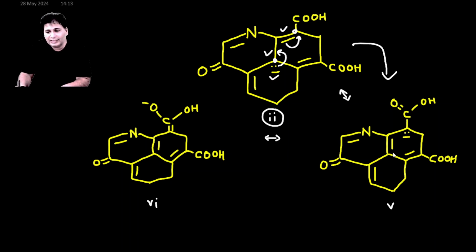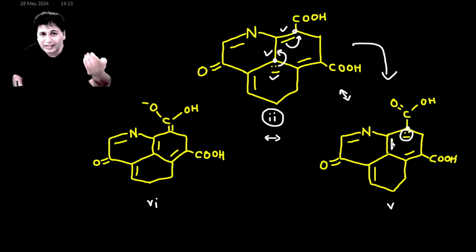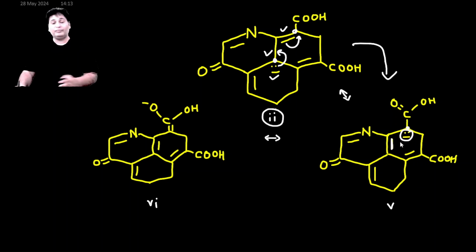So here you can see a pi bond has been created, and this carbon has got a lone pair and a minus charge. After you have drawn this structure, you should now see if there is any other possibility that exists. Yes, there is one more possibility. How? Minus single double.